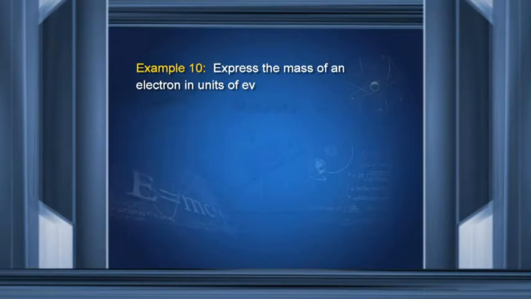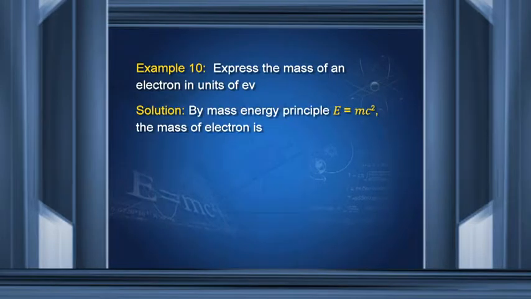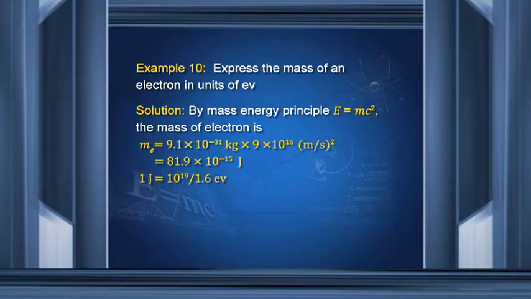Now express the mass of an electron in units of eV. From the mass-energy principle, the energy is mc squared, and the mass is therefore E by c squared. Therefore we can write mass equal to 9.1 times 10 to the power minus 31 kilogram into c squared, 9 times 10 to the power 16, and this is in joules.